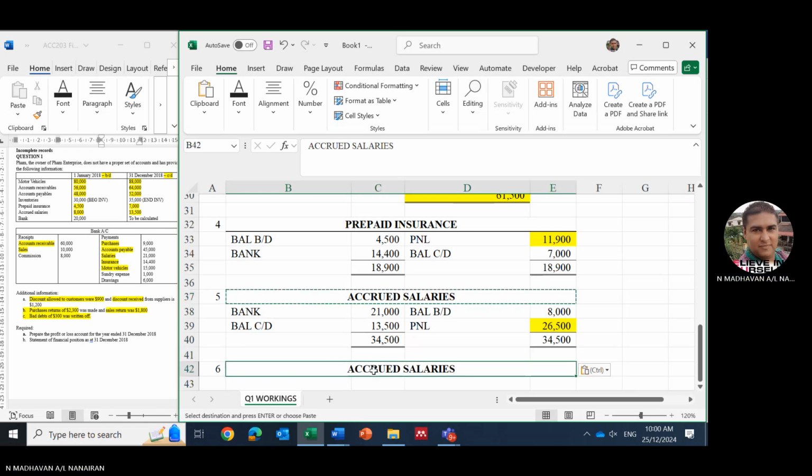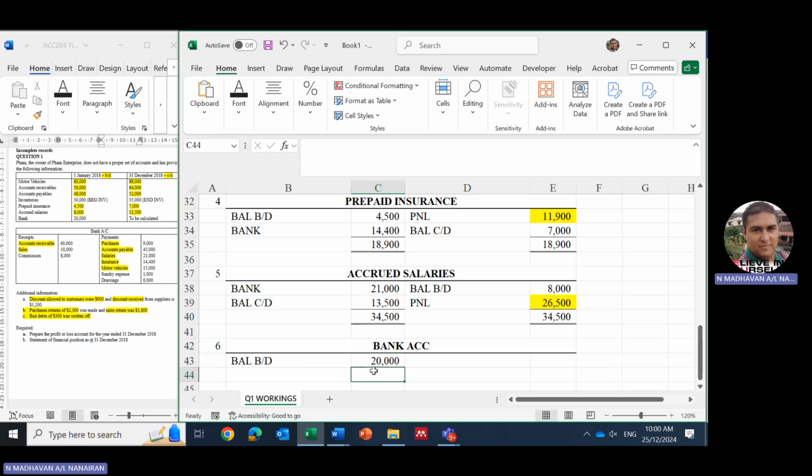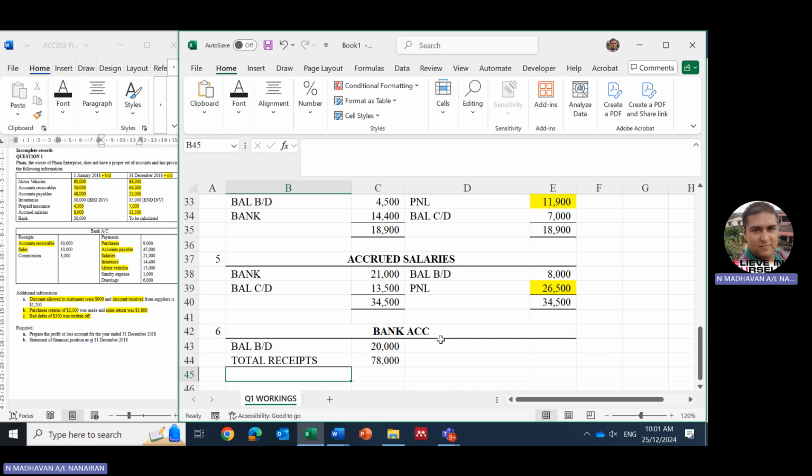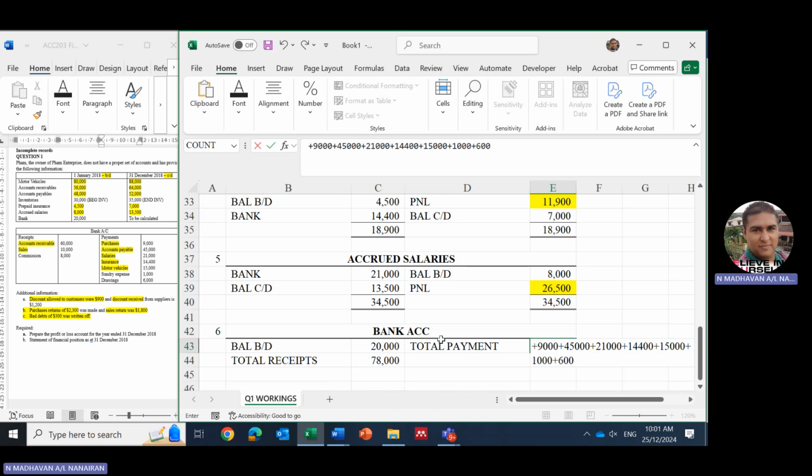Okay, now bank account. What's your balance brought down? 20,000. Okay, what's your total receipts? No need to write one by one. Don't waste time. 60,000 plus 10,000 plus 9,000. Total payment: 9,000, 45, 21, 14,400, 15, 1, and 6.